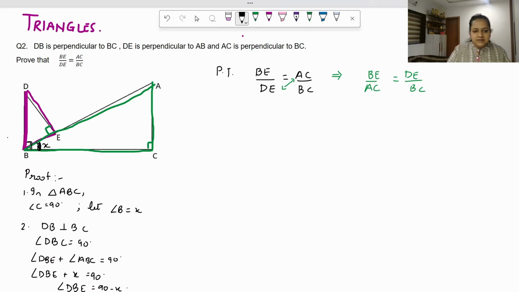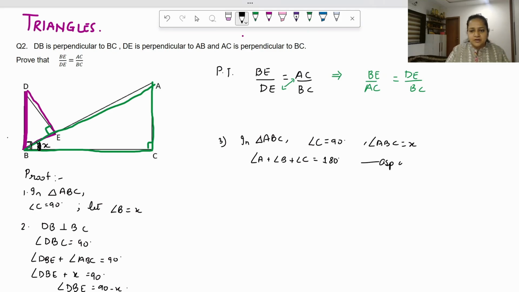Similarly, if we look at triangle ABC, we know angle C is 90 and we have assumed angle ABC to be X. We know that angle A plus angle B plus angle C is equal to what, children? Yes, using the angle sum property, it's going to be 180. We'll write here the angle sum property of a triangle. A is unknown, B we assumed to be X, and C we know is 90, sum is 180.